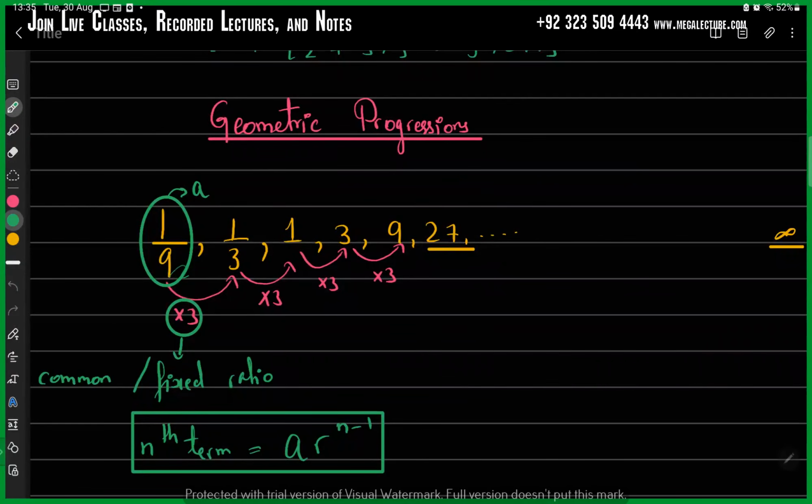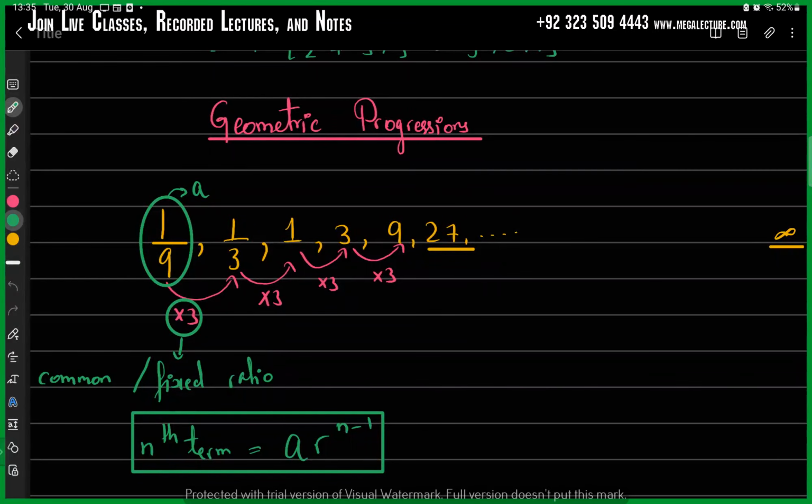So I would have to multiply something with the first term in order to get the second one, and then the same number would be multiplied by the second term in order to get the third one. We are multiplying something, and in arithmetic progression, we were adding or subtracting something.